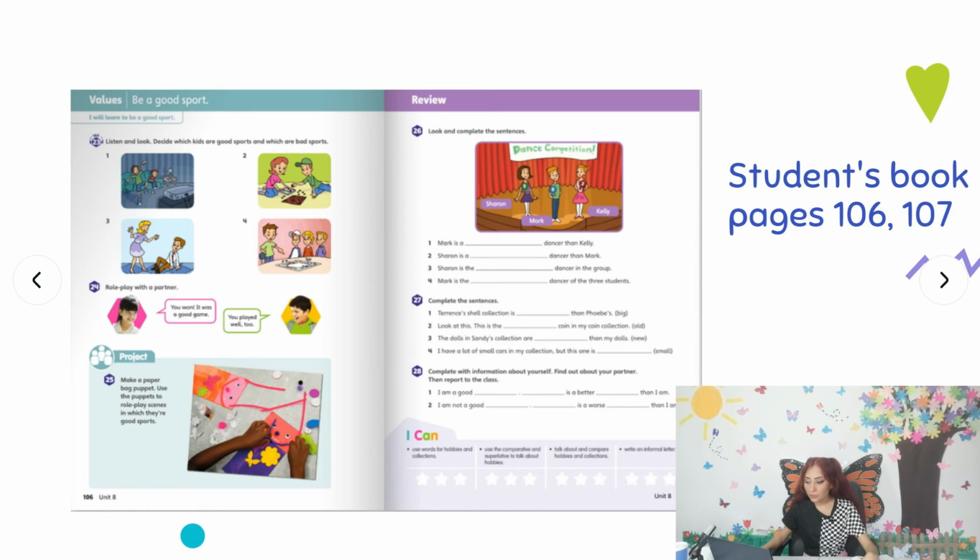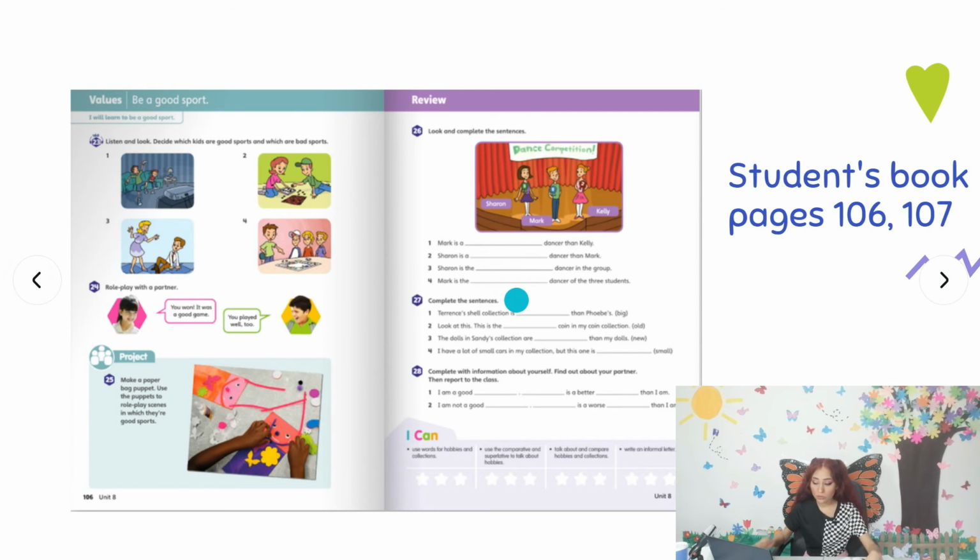¿Ok? Number 2. Sharon is a blank dancer than Mark. Worse or better? Because they are comparing two people. Number 4. Sharon is the blank dancer in the group. The worst. Aquí ya estamos comparando a Sharon with the rest of the group, with 2 more people. So, of course, in this case, it is a superlative.